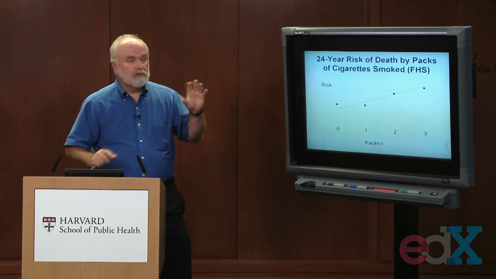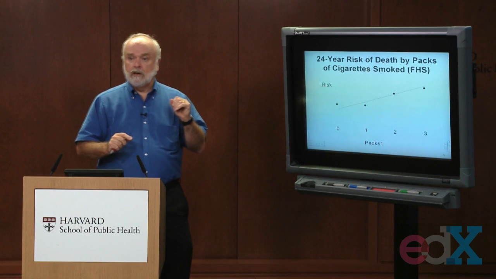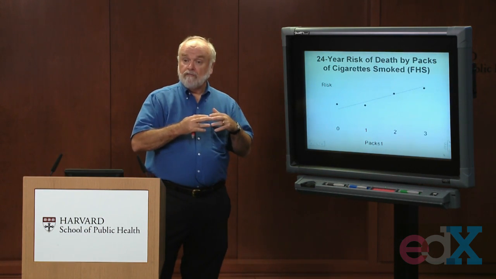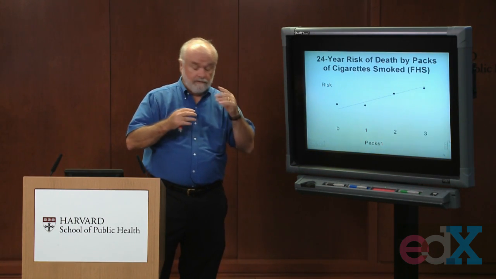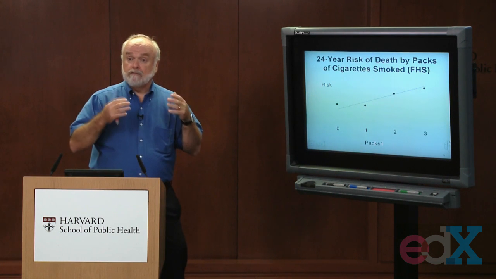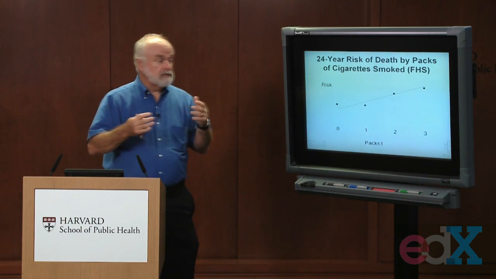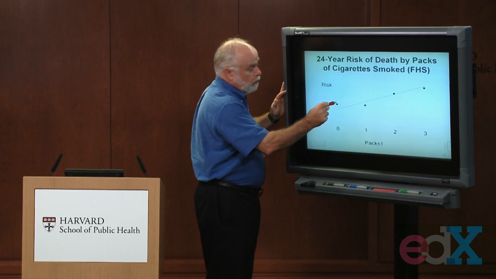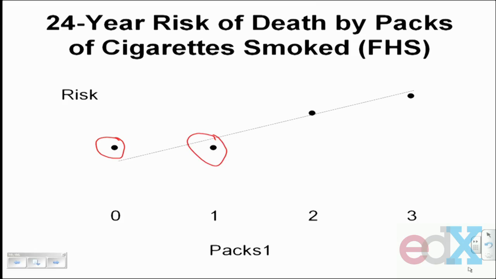Well, one way of doing that is by a picture. What we could do is graph the relationship between your risk of dying during the 24 years of follow-up and the amount of smoking you had, measured by the number of packs. So what we have here are 4 points corresponding to the values of the estimated risk from the previous slide.